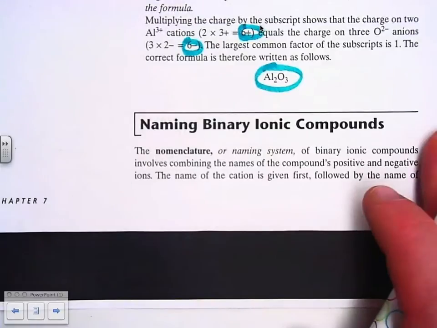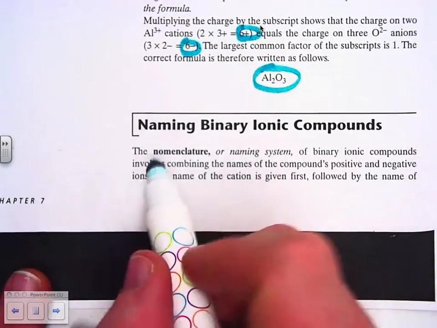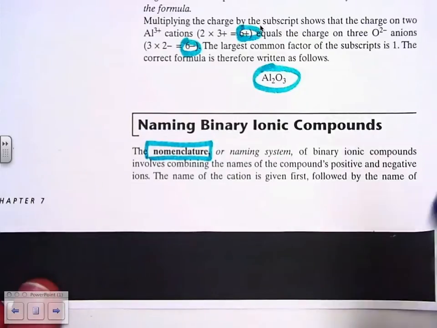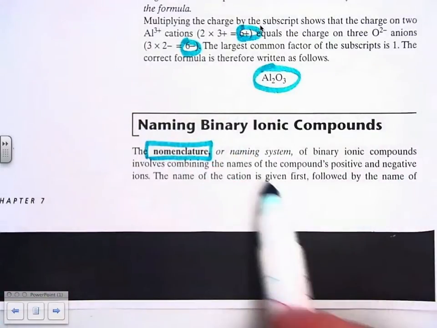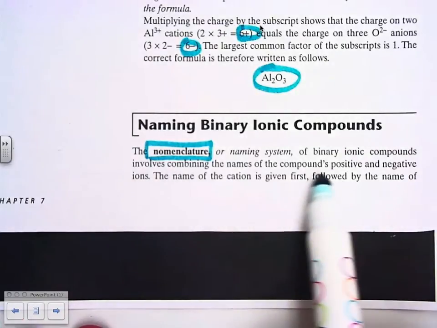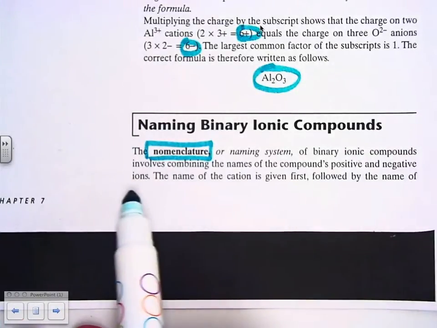Naming binary ionic compounds. The nomenclature, vocab word, you might want to write that down, or naming system of binary ionic compounds involves combining the names of the compound's positive and negative ions.